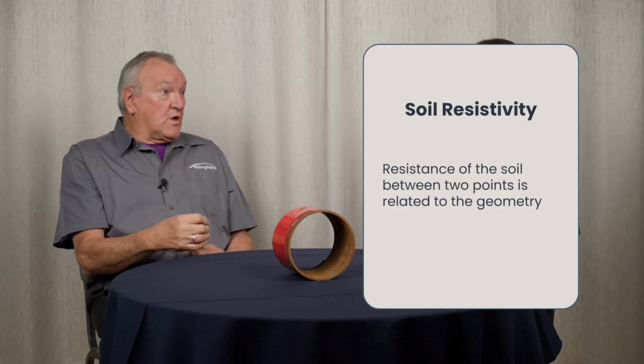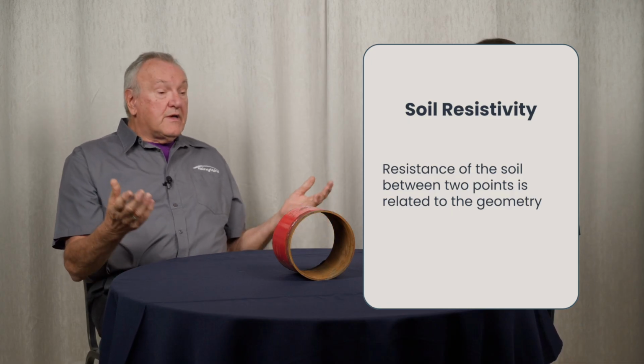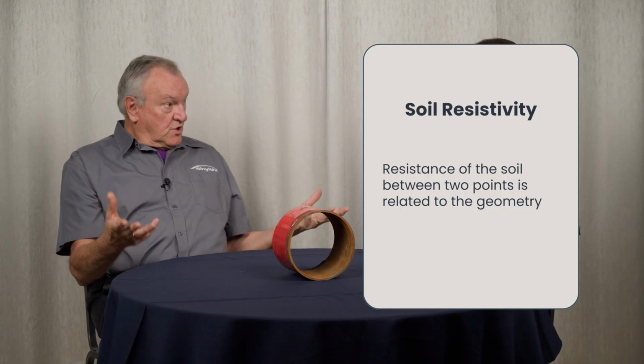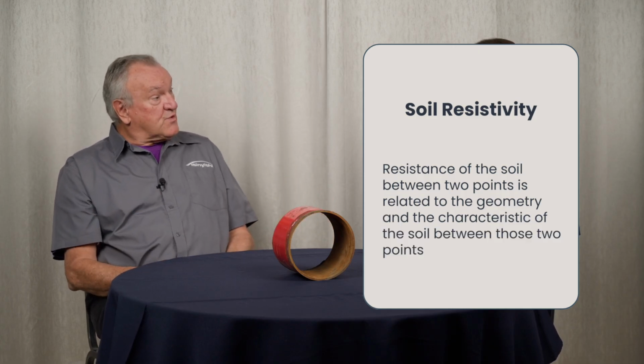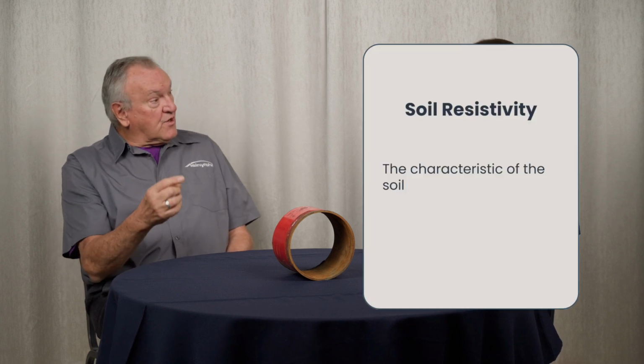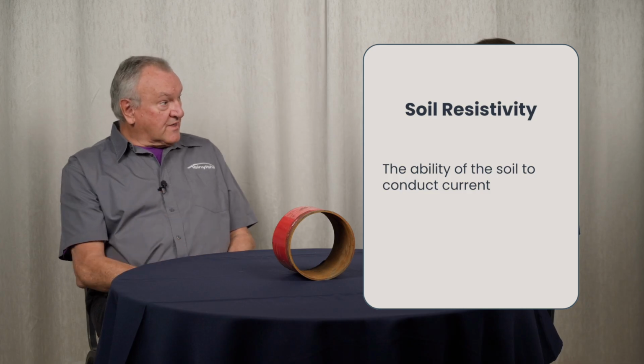Okay. If we take that concept and bring it into soil, the resistance of the soil between 2 points in the Earth's surface is related to the geometry and the characteristic of the soil in between those 2 points. So the resistivity is the characteristic of the soil. It is its ability to conduct current.